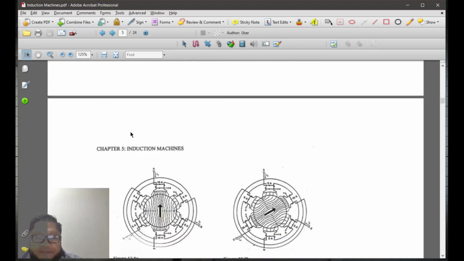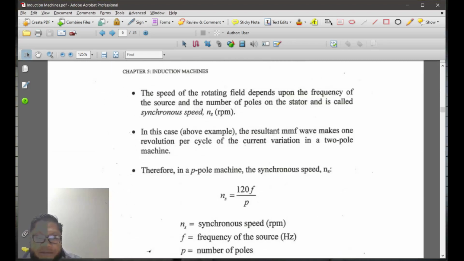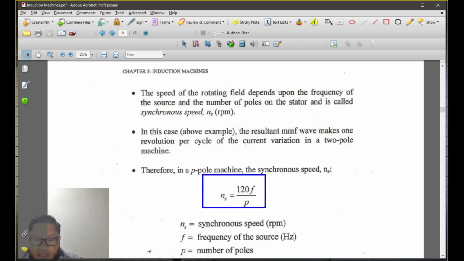Okay, so next, the speed of the magnetic field, the equation for that is equal to 120 multiplied by F divided by P. So we have 120F divided by P, which gives you RPM, the speed of the rotating magnetic field.